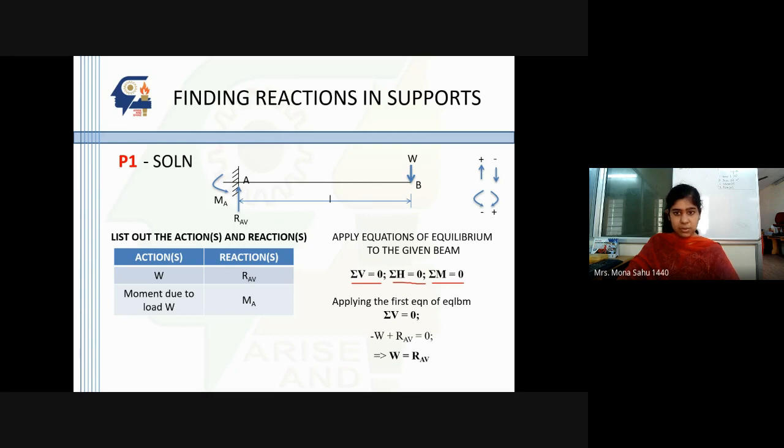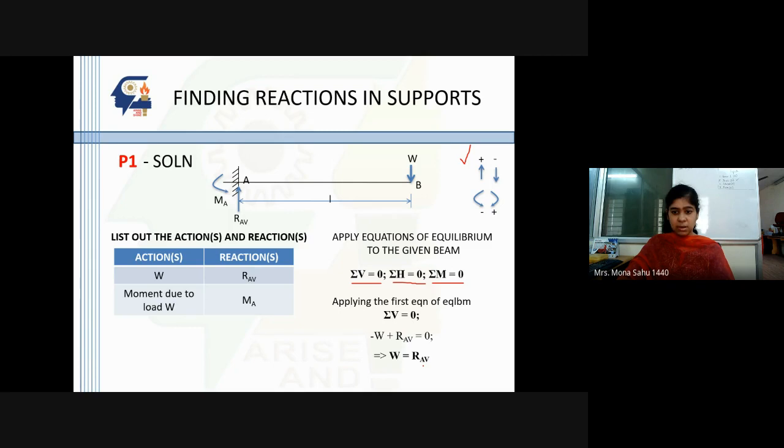Sigma V: the vertical forces we have are RAV and W. Let's consider the sign convention as upward force positive, downward force negative. Here they are taking clockwise direction as positive, anti-clockwise as negative. So W is equal to RAV.